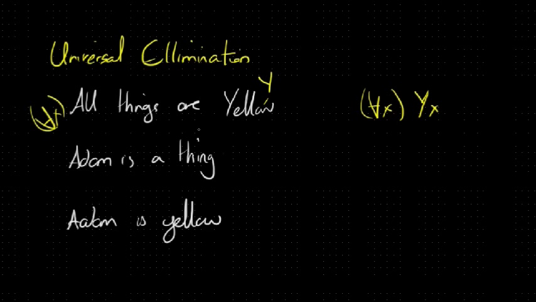Adam is a thing. Well, we don't really need a separate step for that. We can just think that the small a, the constant a, represents Adam. Okay, so Adam is yellow. Well, that's just going to be, let's actually use yellow, seeing as I've got colours, yellow a, right, so Adam is yellow.